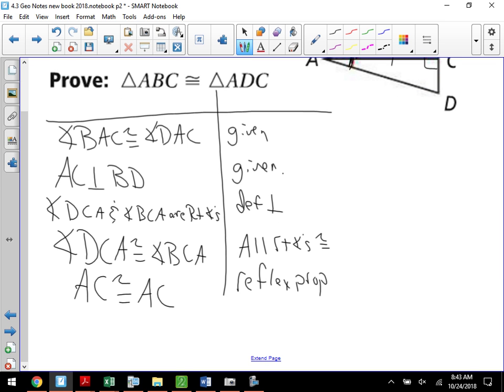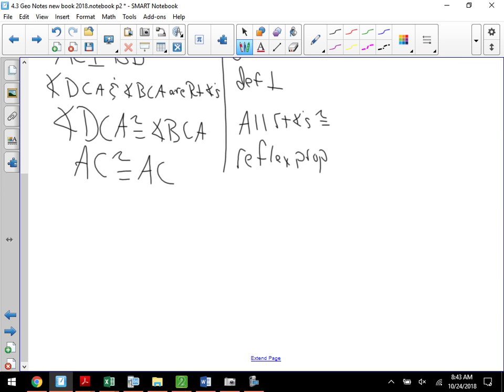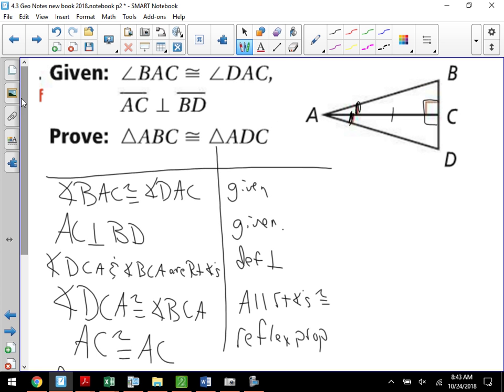We'll see it later. And then what was it? And there's your reason. Yep, because you've got that reflexive property to throw the side in.